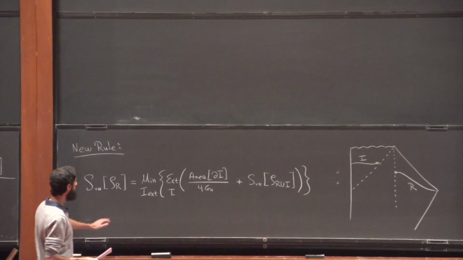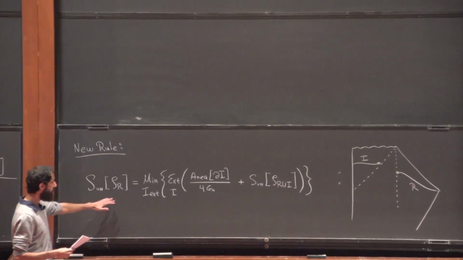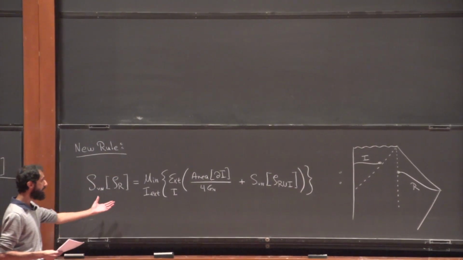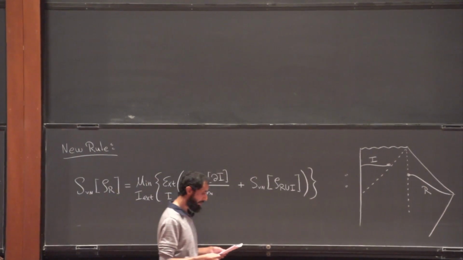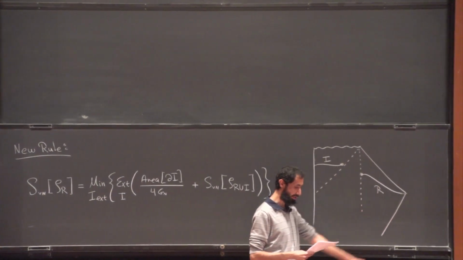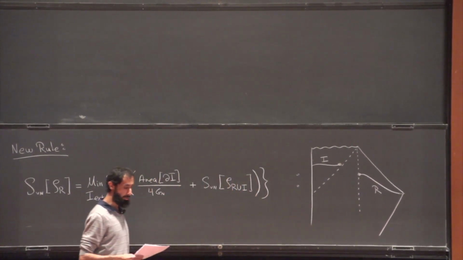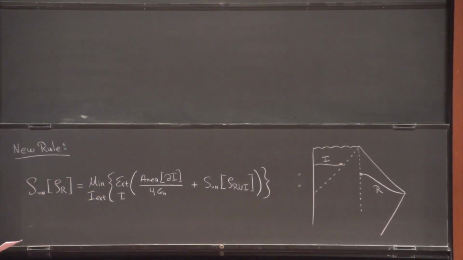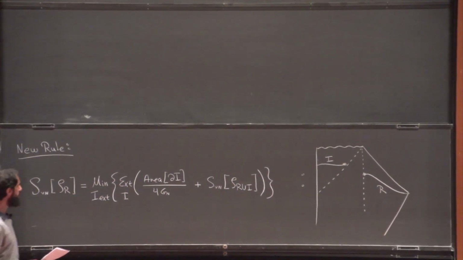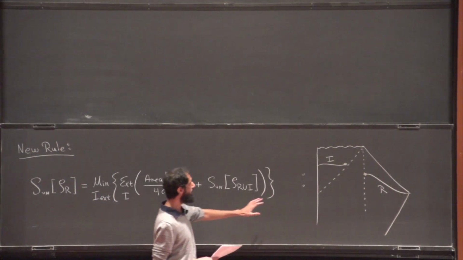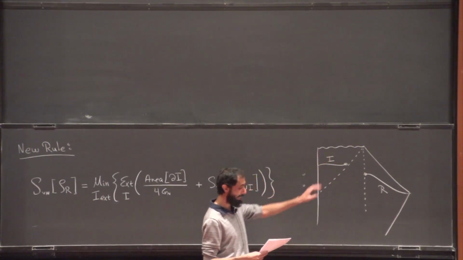R here should be thought of as the Hawking radiation, or a region containing the Hawking radiation. This is a formula for computing the entropy of the radiation, and what the formula says is that to compute the entropy of the radiation, one needs to consider contributions coming from islands I.